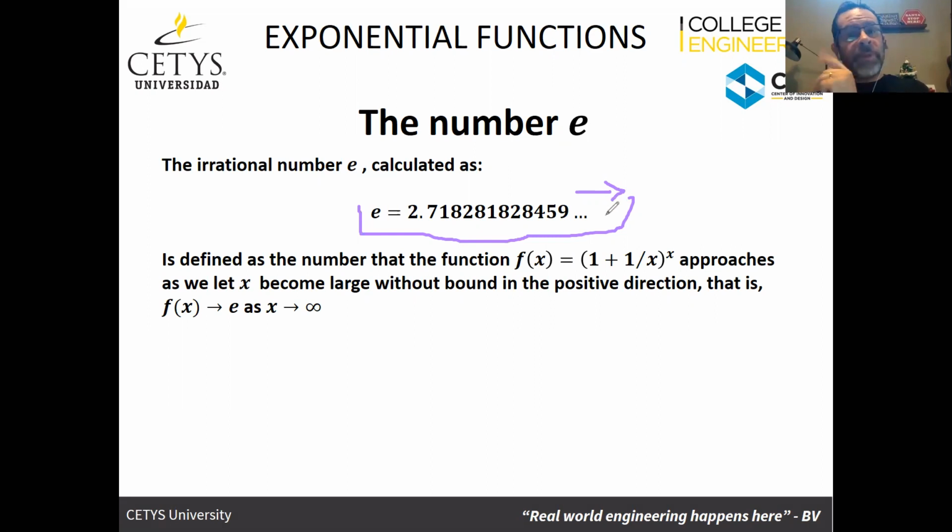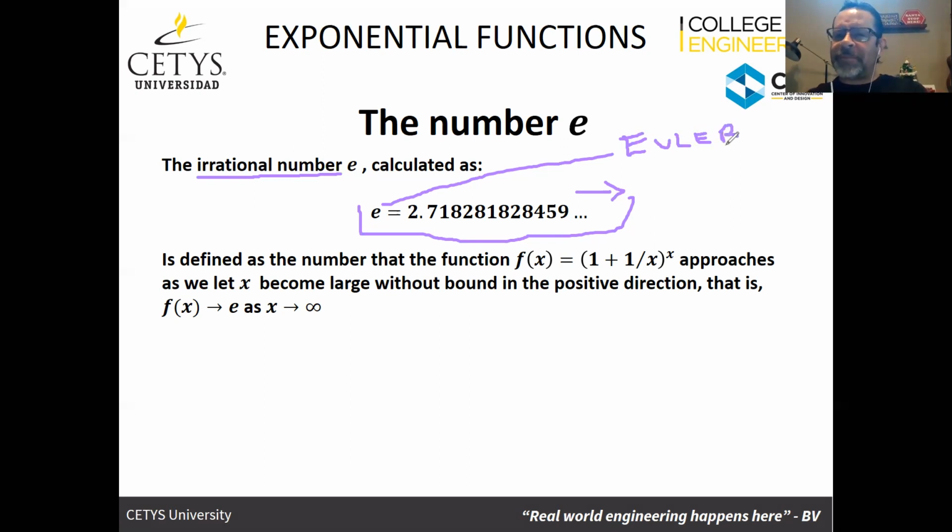Remember one thing when we were talking about numbers, this is an irrational number. And why is it an irrational number? Because, as we mentioned, it has an infinite number of decimals, and it cannot be represented as a quotient of two integers. And e comes from a very important scientist and mathematician called Euler. I'm writing it down here before I pronounce it.